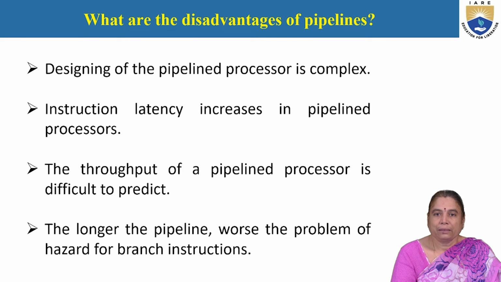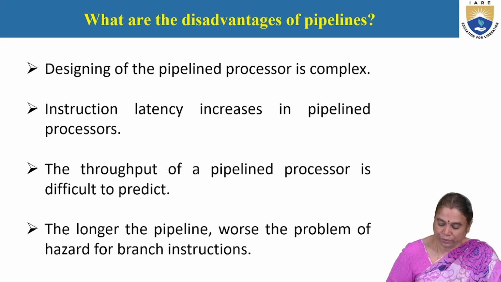If the data dependency problem is not mitigated, latency can result in the pipeline. The throughput of a pipelined processor is difficult to predict, whether it is increasing or decreasing. If more delays occur in the pipeline, the throughput can decrease. And the longer the pipeline, the greater the problem of hazards for branch instructions. So these are the disadvantages of pipeline processing.